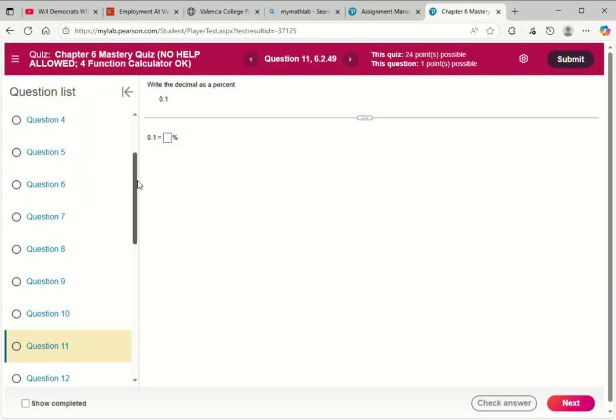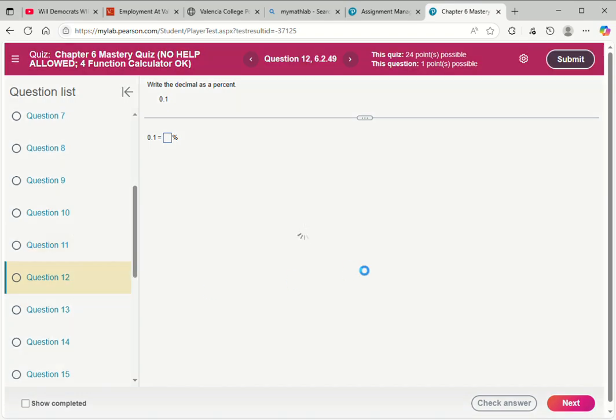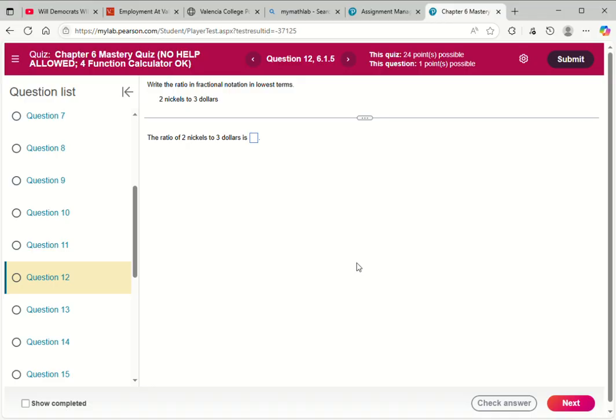Question number 11 says write the decimal as a percent, and the decimal is 0.1. Question 12 says write the ratio in fraction notation in lowest terms, and the ratio says 2 nickels to $3.